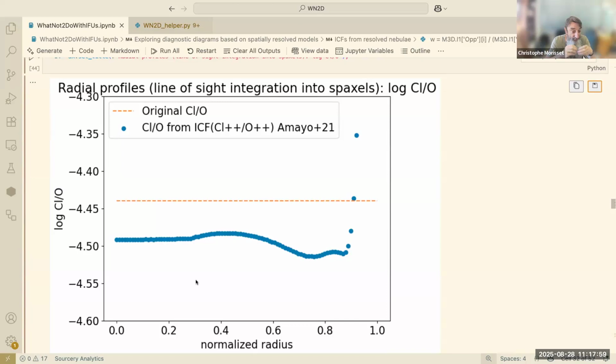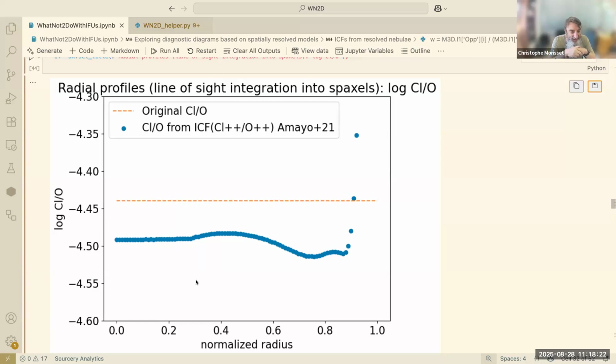And you will say, okay, my ionization is determined by O++ over O+ plus O++, for example. So I am looking for models that have the same ionization for oxygen, and I will claim that chlorine is also well described by the model that describes my oxygen ionic fractions.